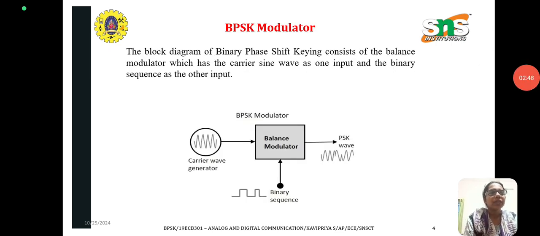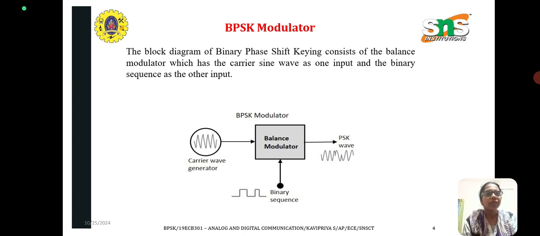So we're going to discuss the BPSK modulator and BPSK demodulator. First we can see the BPSK modulator. This is the block diagram for the BPSK modulator. It consists of a balanced modulator. One input to the balanced modulator is a carrier signal.